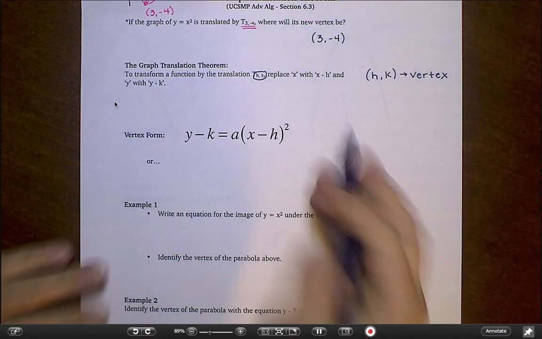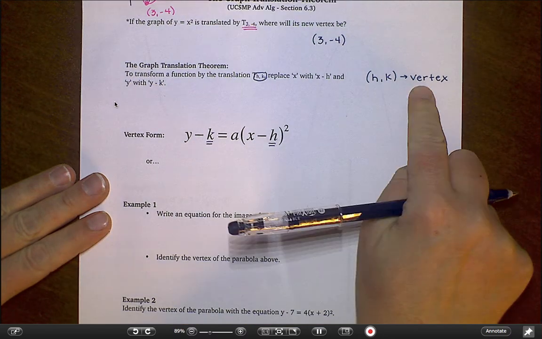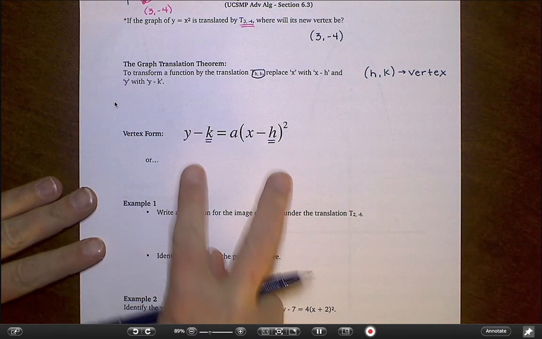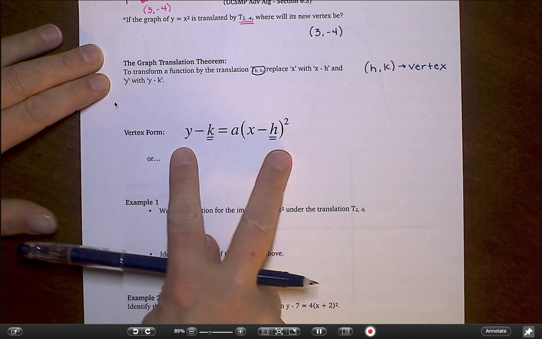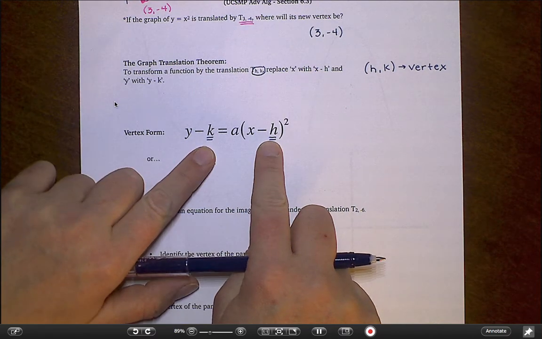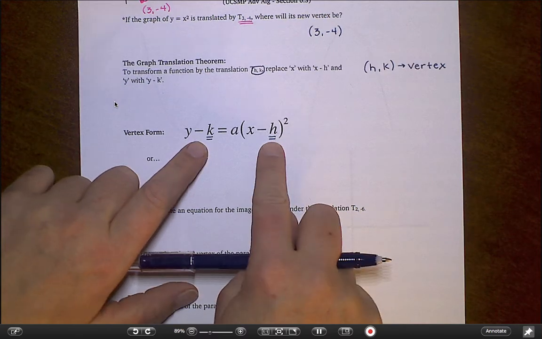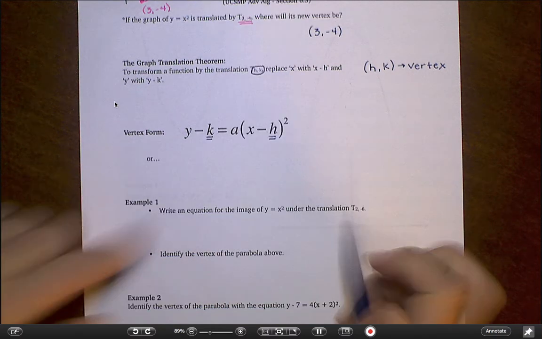But our focus is on h and k, which also represent the vertex of the parabola. So this is vertex form based on the graph translation theorem, and we call it vertex form because the h and the k are just sitting there for us. When it's written in this form, we can look at it and say, oh, now I know what the vertex is because I can identify the translation.